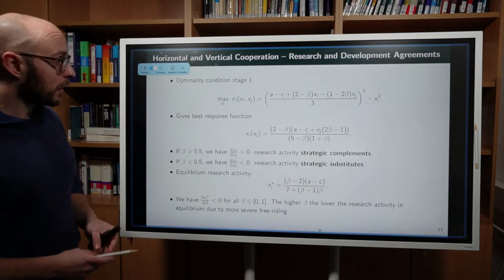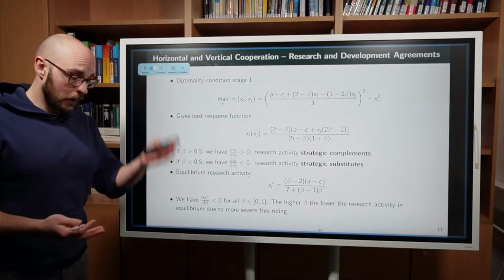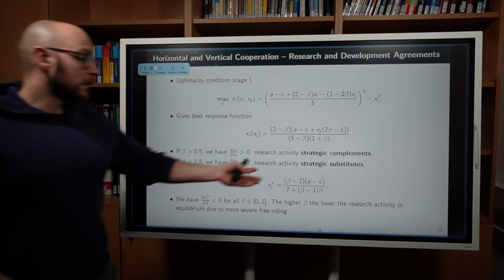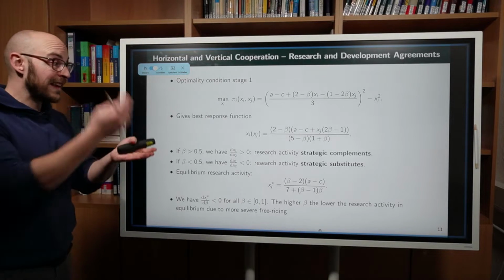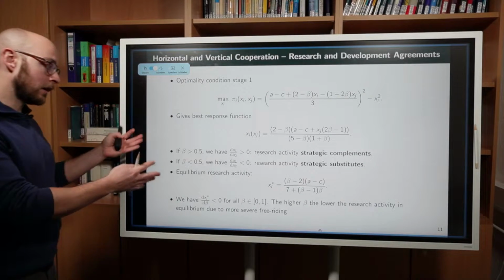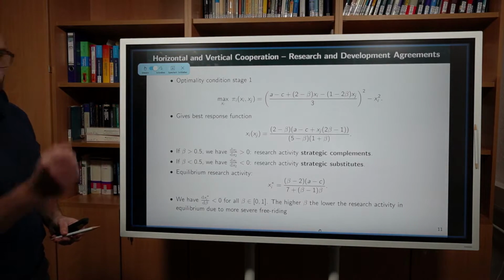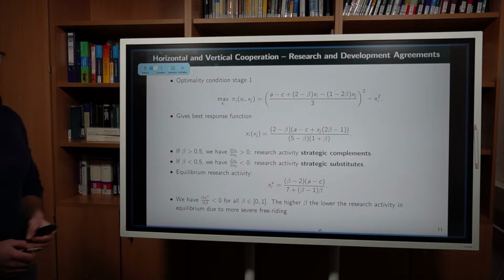So what does it mean? Well, we have talked about strategic complements in the context of Bertrand. So the higher your price, the higher the rival's price should be. And in case of strategic substitutes, we're in Cournot, the more the output of your rival, the less your output will be, right? So that's basically what we have here. And 0.5 determines the turning point here, when xi becomes strategic complements.